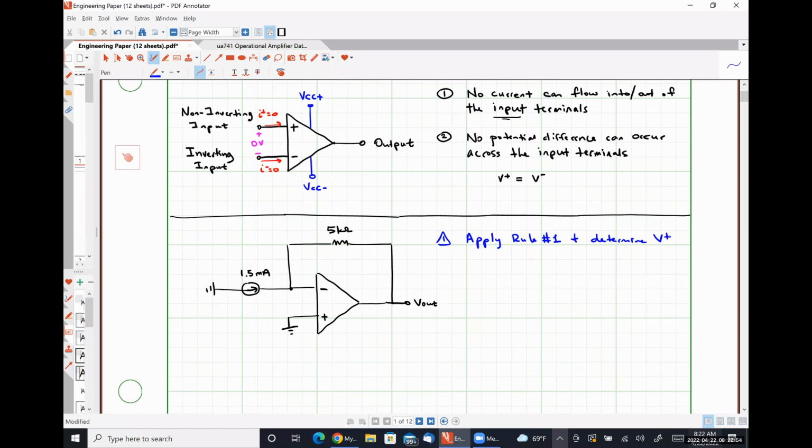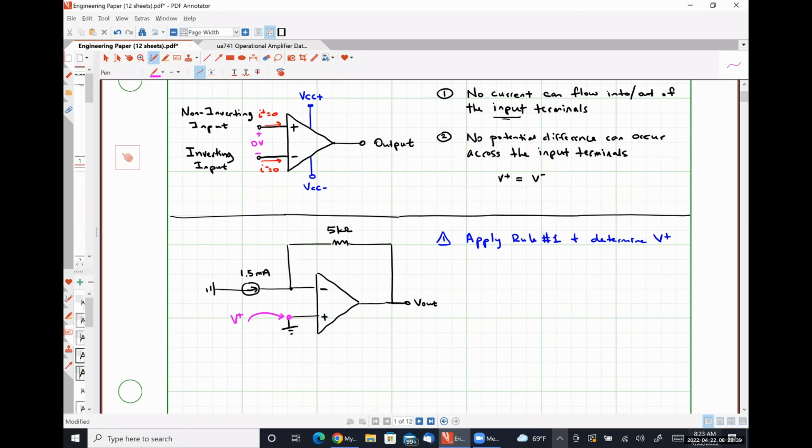the voltage V plus. Our voltage V plus, and actually all of our voltages in an op-amp circuit, are traditionally treated as nodal voltages. So V plus represents the voltage present at the non-inverting input terminal with respect to ground. So it would be the voltage measured right here at this node with respect to ground.